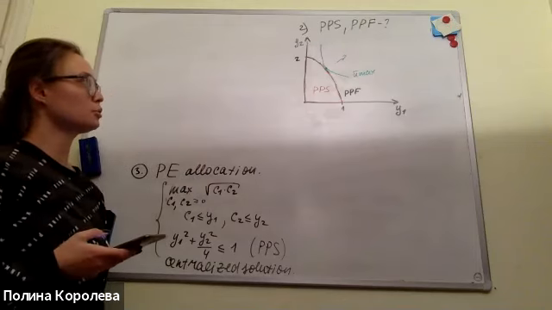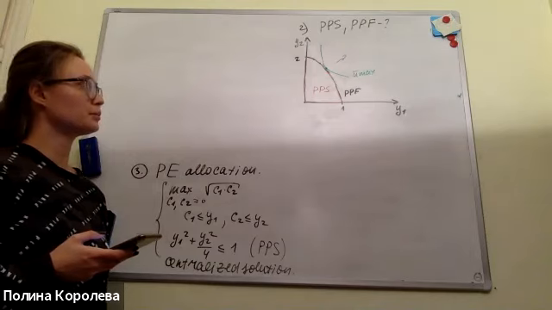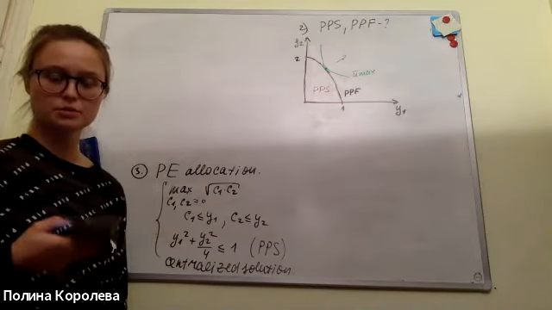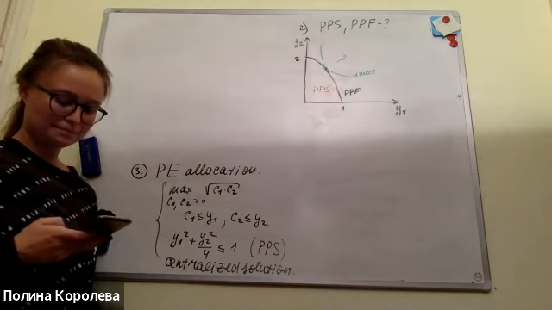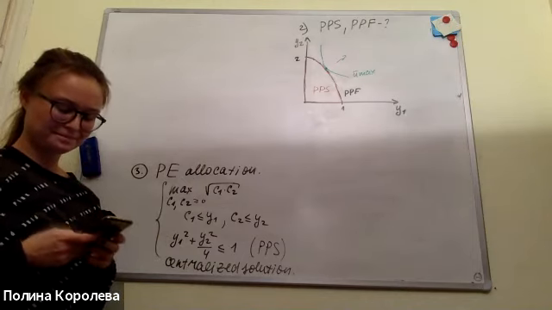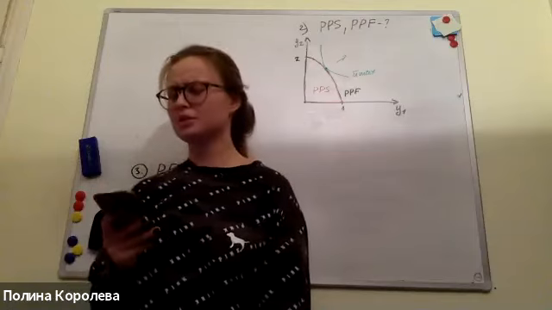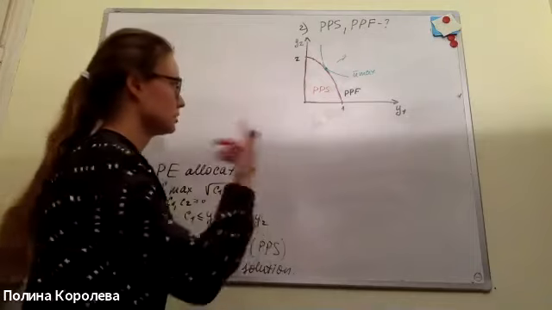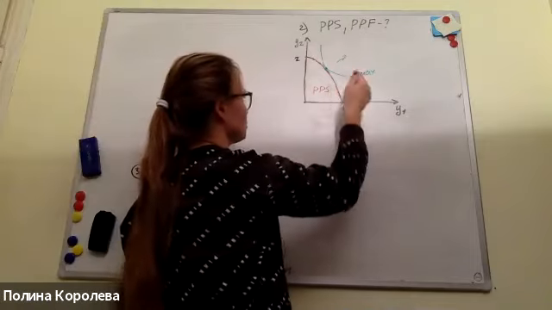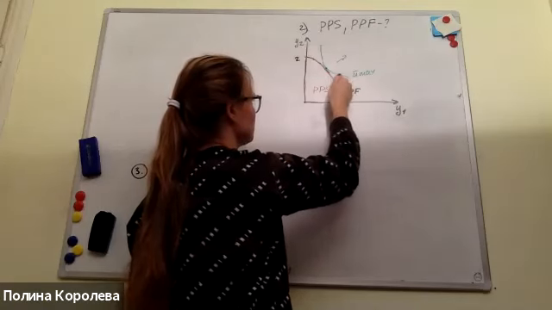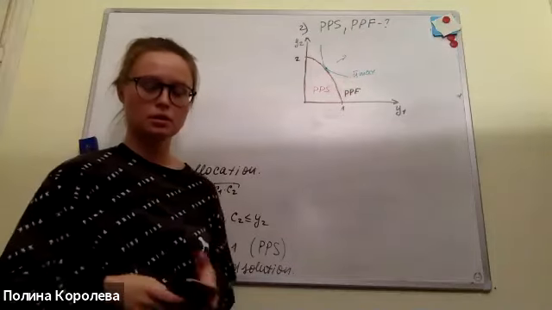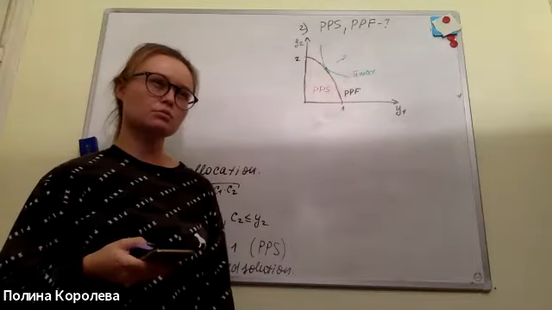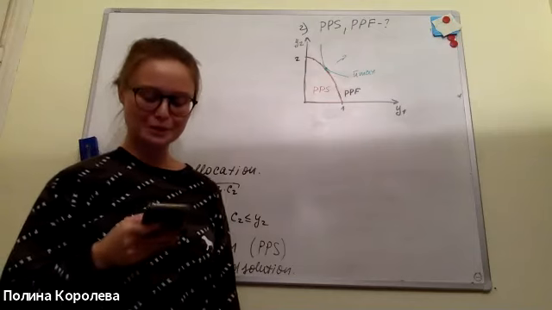You know that the slope of the tangent line to the indifference curve is the MRS, marginal rate of substitution. And here? I think it's the marginal rate of transformation. This means how many units of the first good we should sacrifice to produce one additional unit of the second good. It's the marginal rate of transformation. But I'm not sure. I thought you knew, but okay.